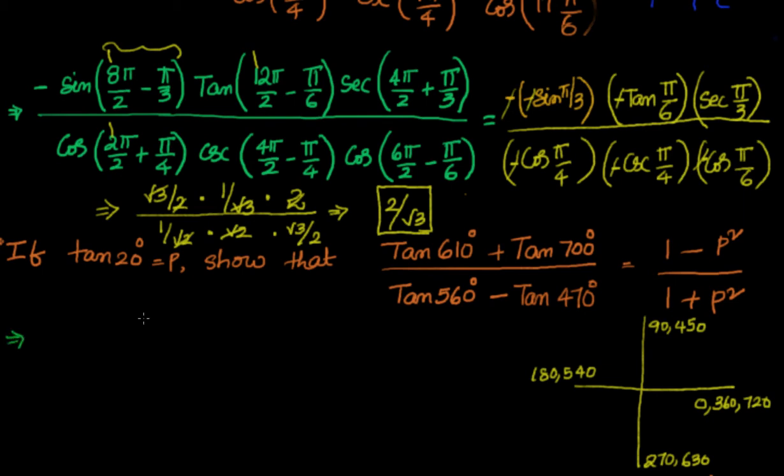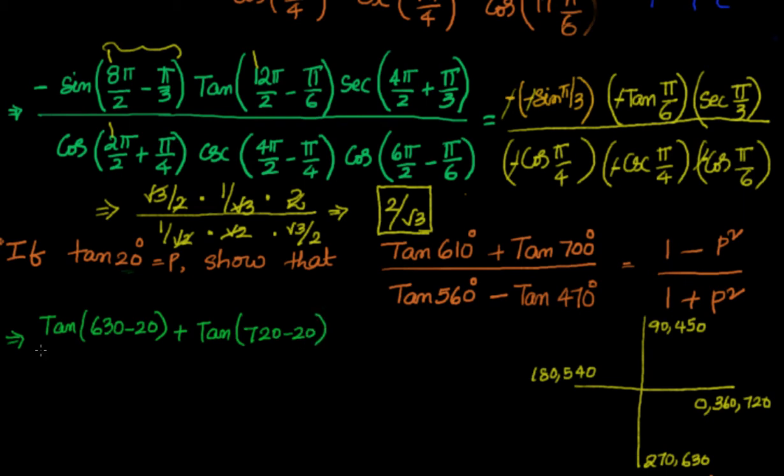I will say first step 610, I will write it as tan of 630 minus 20 plus tan of, you have to convert this in a format so that you are in n pi by 2 plus or minus theta, and your theta should be 20 because you know only value of 20 now. So I can write it as 720 minus 20.